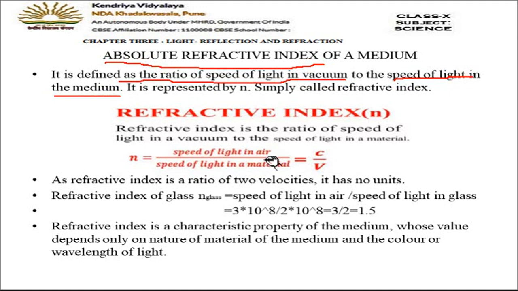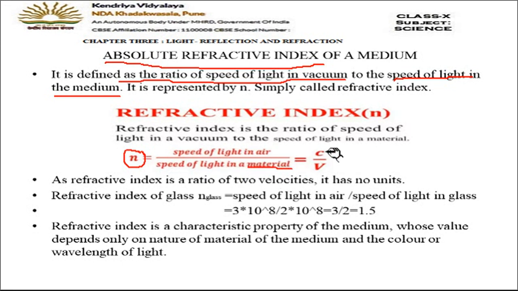Fine. So here it is written, refractive index first is represented by the letter small n. Fine. So what is n now? It is the ratio of speed of light in air or vacuum, because it is same, so you can write here air or vacuum also. So speed of light in air divided by speed of light in any material, in any medium. Fine.